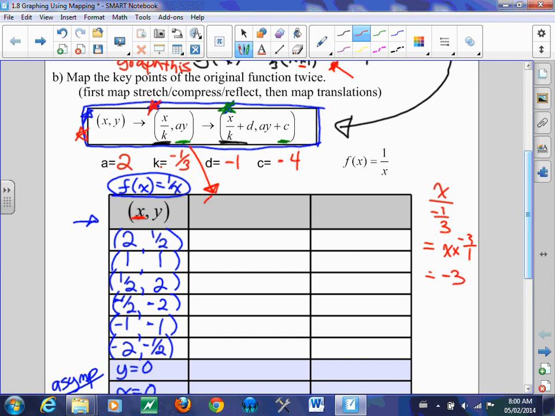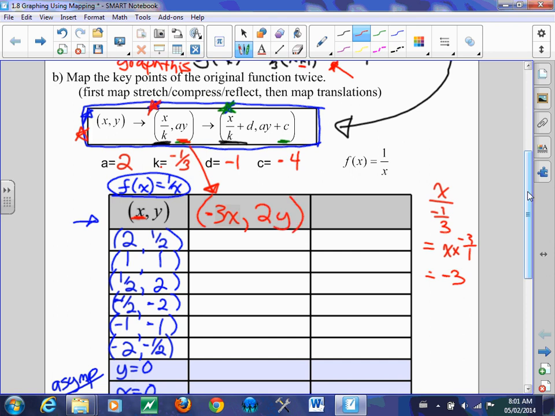So my ordered pair for my second stage of the mapping sequence, which is my first dealing with the stretch, compression, and reflection, is going to be negative 3 on the x. And then for the y, it says to take a and multiply it by y. So a in this case is 2, so it's going to be 2y.